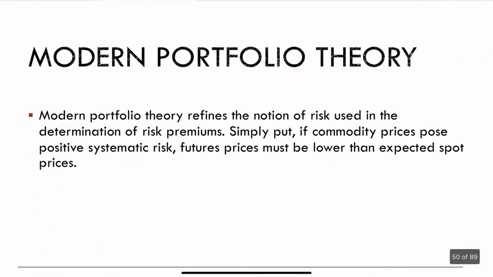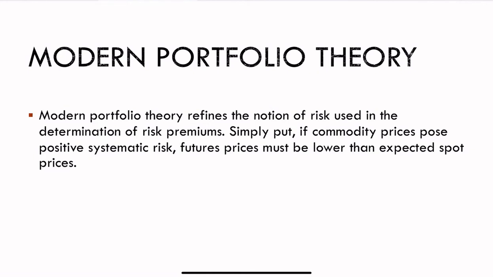Okay, now let's talk about the third theory. Sorry, let's talk about the fourth theory. It's this modern portfolio theory. The idea is actually pretty simple. So basically, if there is positive systematic risk in commodity prices, then futures prices must be lower compared with expected spot price.